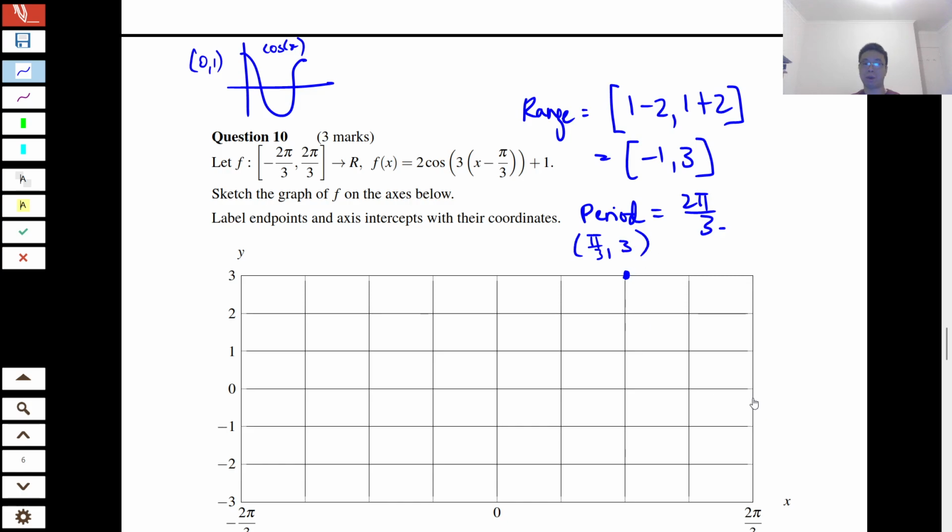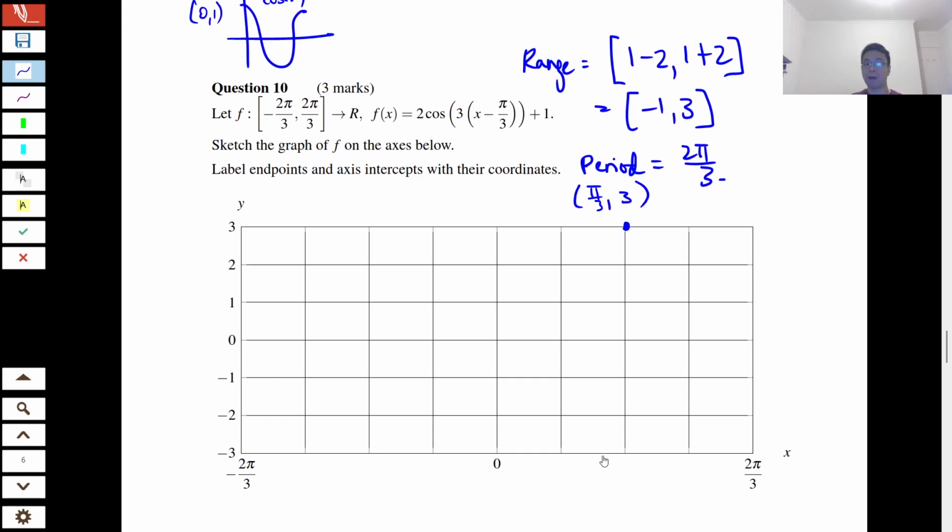And then the graph is going to repeat every 2 pi on 3 units. So from pi on 3 to 2 pi on 3, I won't get a full cycle, I will get a half cycle, which means the graph is going to do something like this.